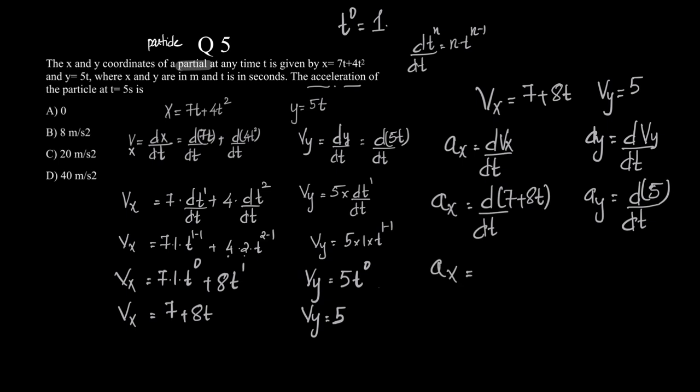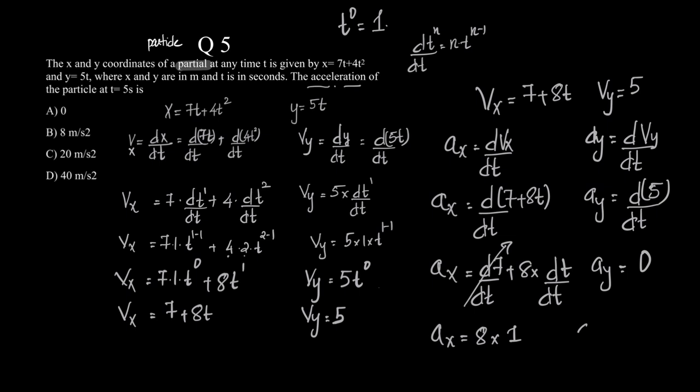So Ax will be d by dt of 7 plus 8 into d by dt of t, and Ay will be equal to 0 because 5 is a constant. So Ax is equal to 0 plus 8 into 1, and Ay is equal to 0.